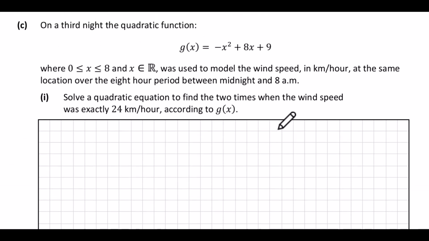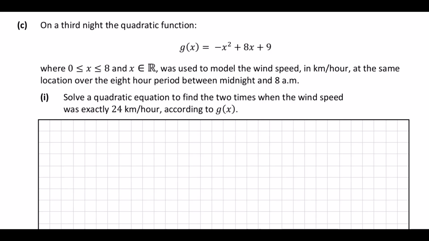Okay, next question then. On a third night, the quadratic function g of x, which is minus x squared plus 8x plus 9, x is between 0 and 8, x is real, was used to model the wind speed in kilometers per hour at the same location over the 8-hour period between midnight and 8 a.m. Solve the quadratic equation to find the 2 times when the wind speed was exactly 24 kilometers per hour according to g of x.